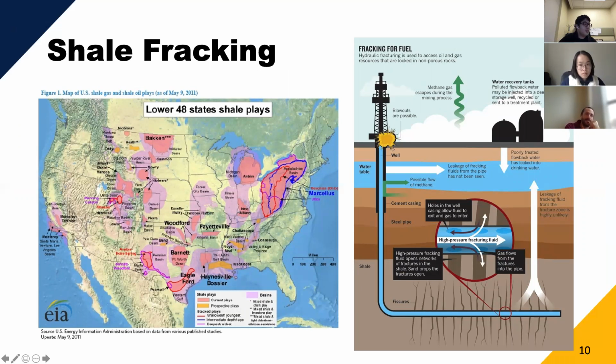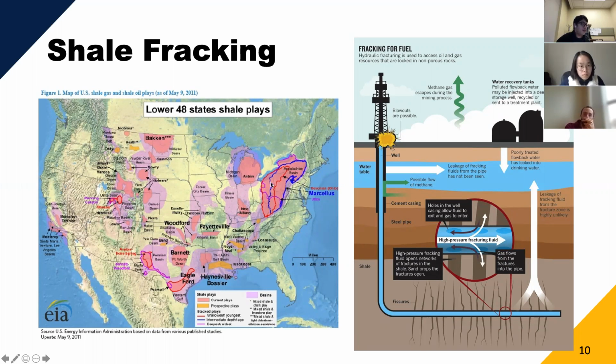So here, after the technique of hydraulic fracking was developed, it opened up resources all around the world, but in the US, it opened up a lot of natural gas extraction that was previously unavailable.